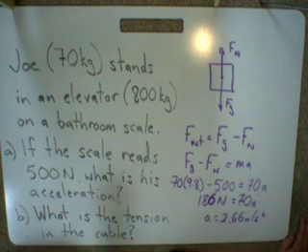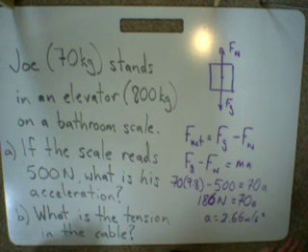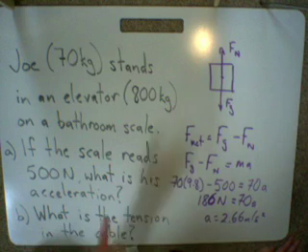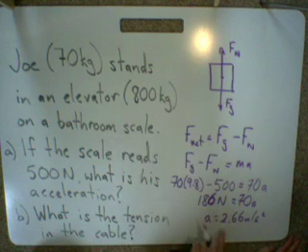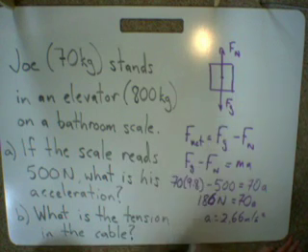And that is positive, by the way, so that means that we did guess correct when we thought that Fg was bigger than Fn. If we guessed wrong, which is fine, we would have ended up with a negative acceleration, which means he's not accelerating the way we thought, but he is actually accelerating down. So the acceleration is going to be pointing down.